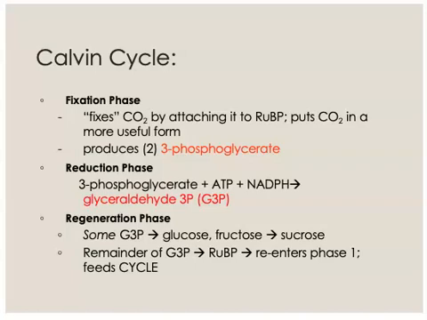The remainder of the G3P that's produced during the reduction phase is going to be used to regenerate that critical 5-carbon molecule called RUBP. The RUBP will then re-enter the fixation phase. This is why this process is a cycle. It keeps going around and around because at the end of the regeneration phase, we make the molecule that's needed to start the whole thing over again.